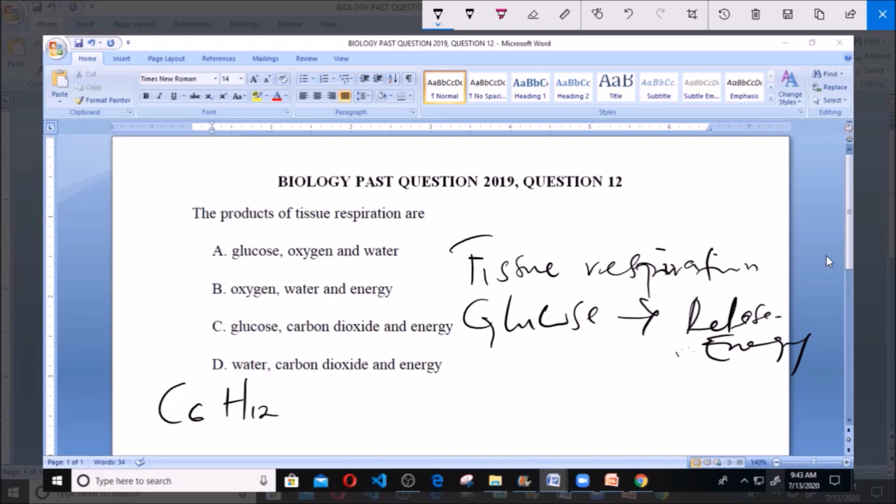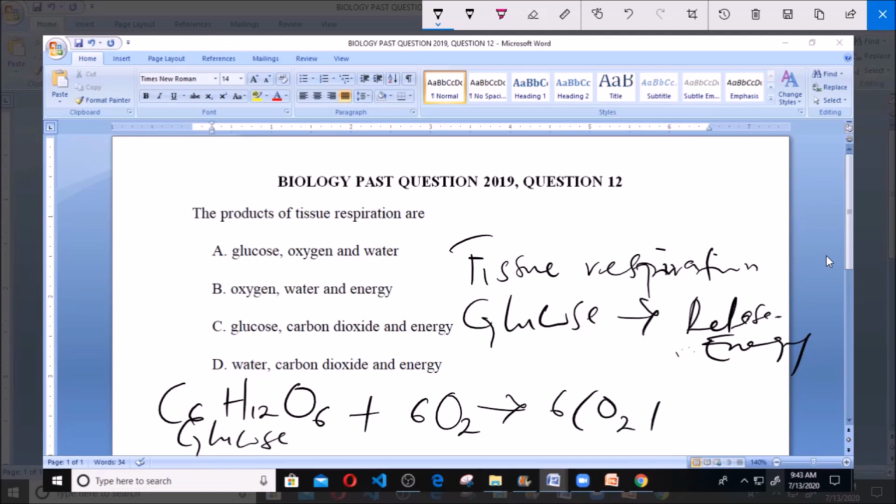This is the glucose in the presence of 6 molecules of oxygen to give you 6 molecules of carbon dioxide, 6 molecules of water and 38 ATP, which is the energy. And this is carbon dioxide and this is water, H2O.